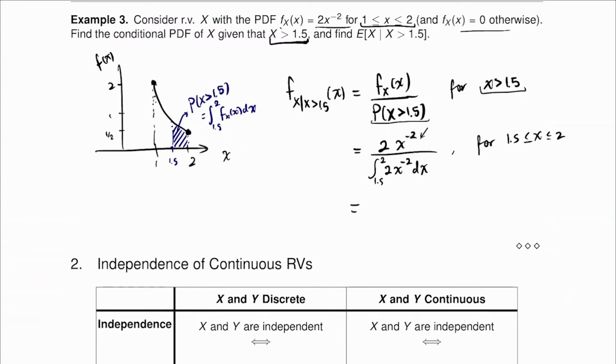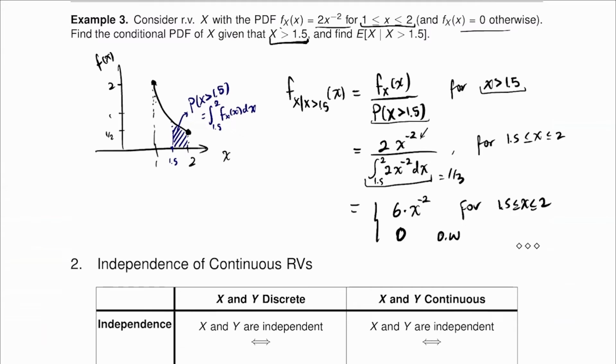And the answer for this is going to be, this integral is 1 over 3, so this is 6 times x to the minus 2 for 1.5 less or equal than x less or equal than 2, and 0 otherwise.